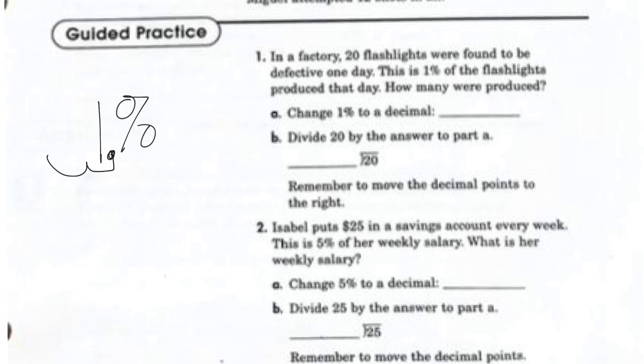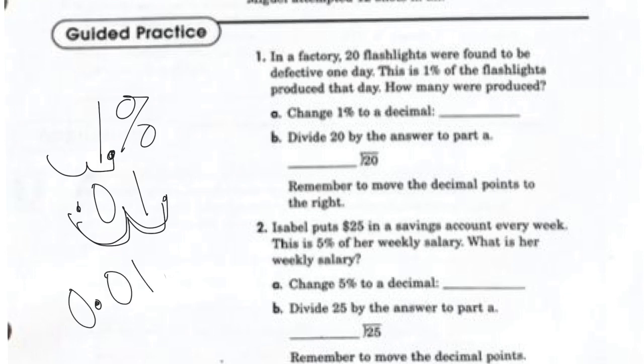If I have 1%, it's like the decimal's there, and I move it 2 places to the left. So here's my 1 and my decimal, and I go 1, 2. So I put that, and that's my decimal. So it becomes 0.01.